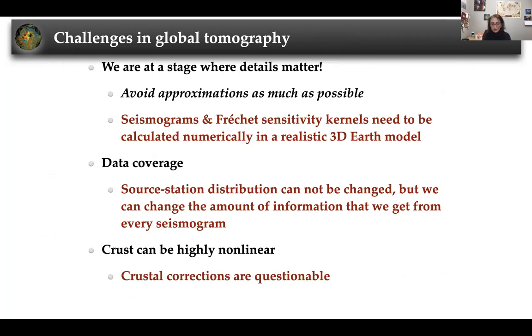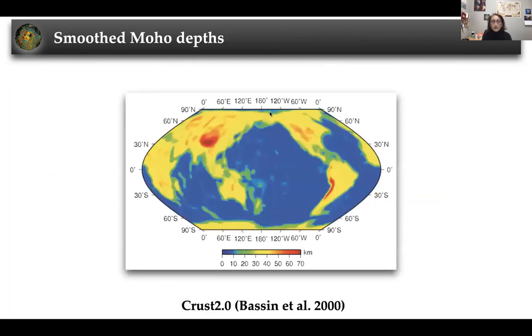Another problem is the crust, which can be highly nonlinear. That's why I said that seismologists prefer to apply crustal corrections. However, in the crustal corrections, there are 2 major assumptions. One of them is that seismologists think that they know the crust. So for instance, this is Crust 2.0, one of the models which is commonly used.